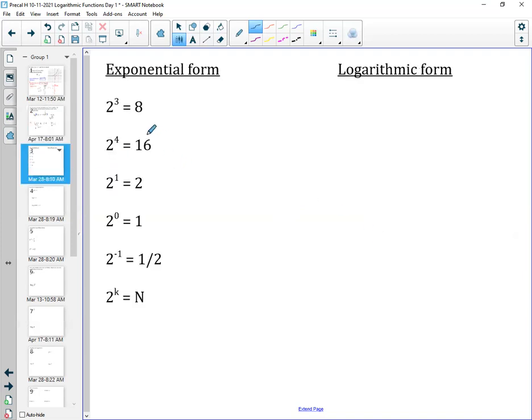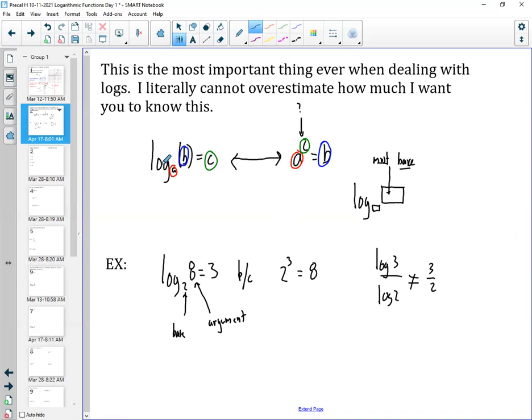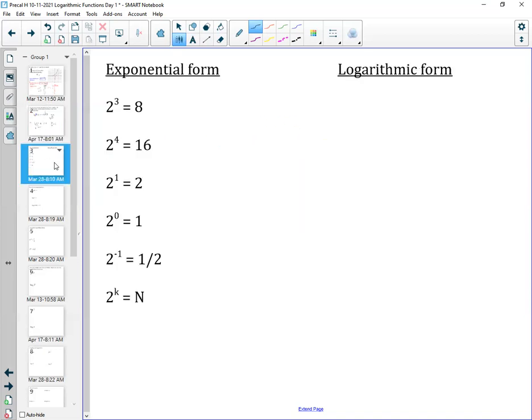One thing I can ask you to do is switch from exponential form to logarithmic form and vice versa. If you want to go back and reference this, base A to the C equals B means this is true. Now this slide here is asking you to go the other direction. I know that the exponent is going to be where it's equal to, and I know that the base goes in the bottom. So log base 2 of 8 equals 3.